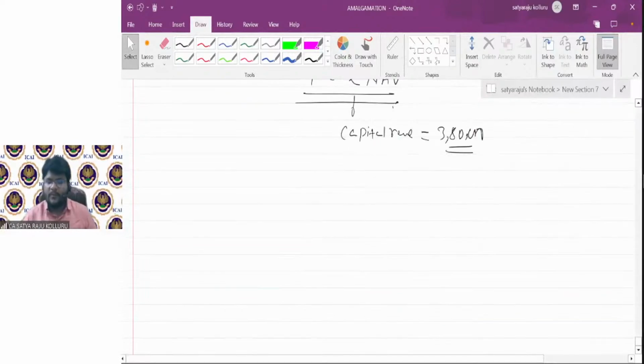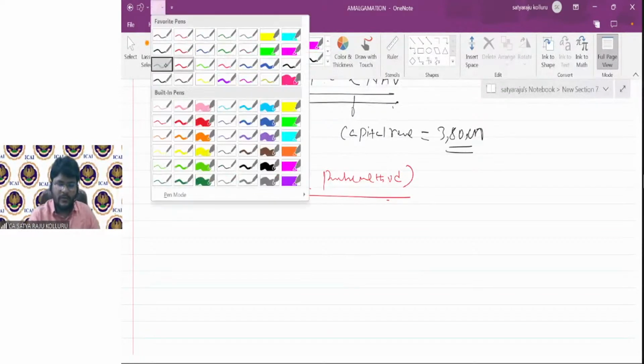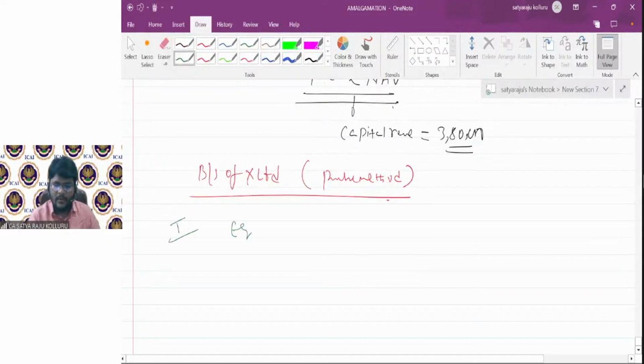Now, at the time of presenting the balance sheet, the balance sheet of X Limited, in brackets, purchase method, right? Again, start with equity and liabilities.